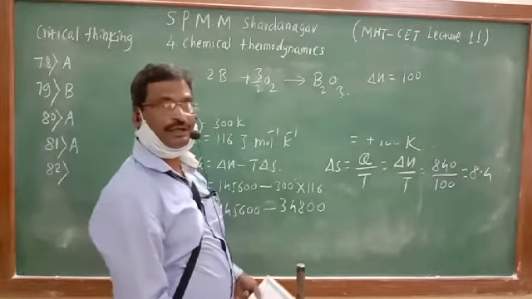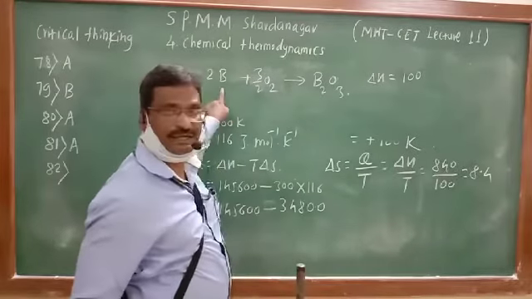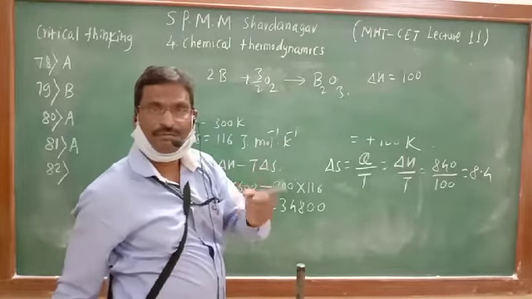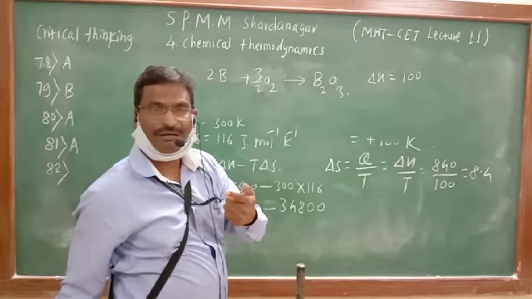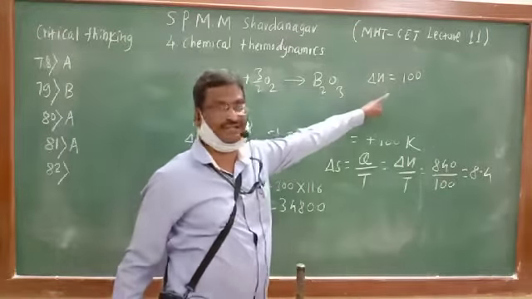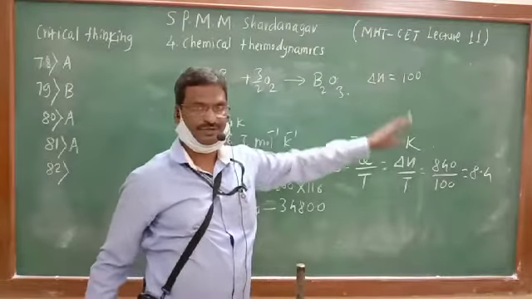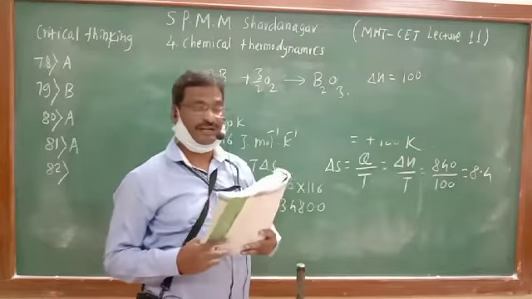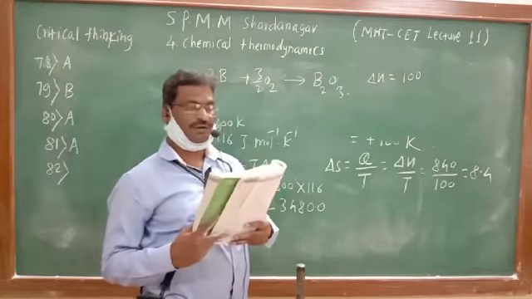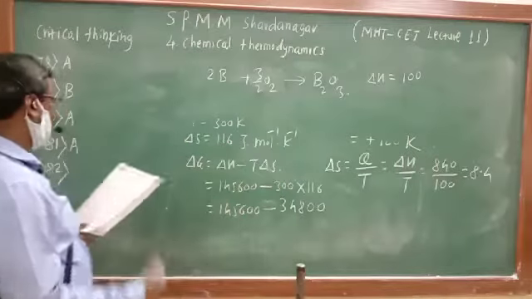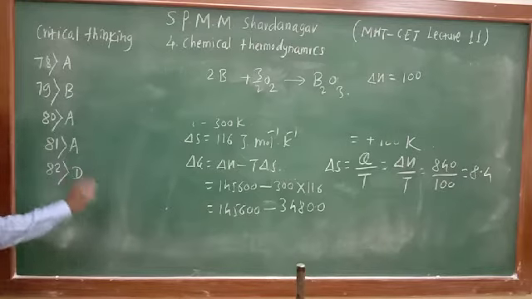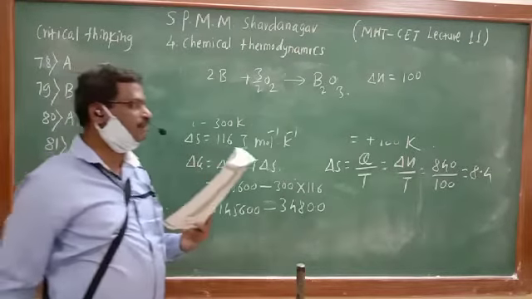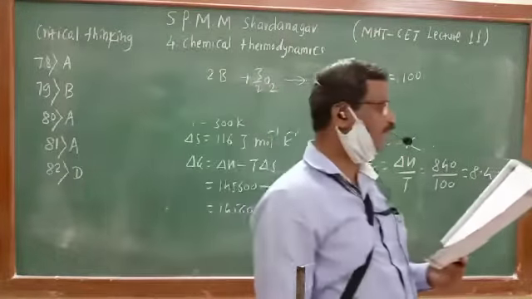How many boron atoms underwent combustion? 2 atoms. For 1 boron, what is the combustion energy? 50, half, with the negative sign. Therefore the last option is correct. They have given the second option, but that is not correct. The last option is correct, because enthalpy of combustion is always negative.